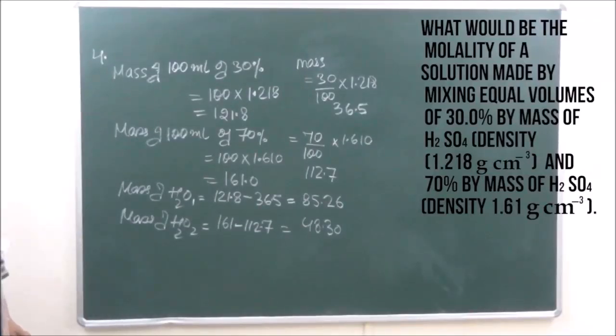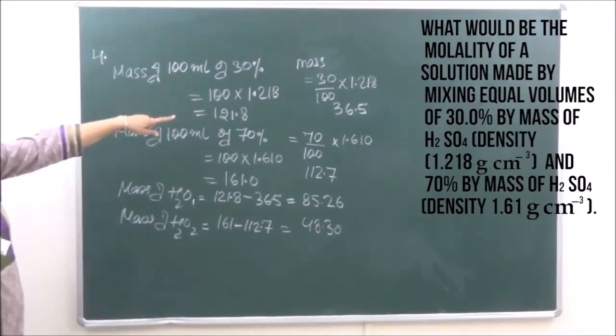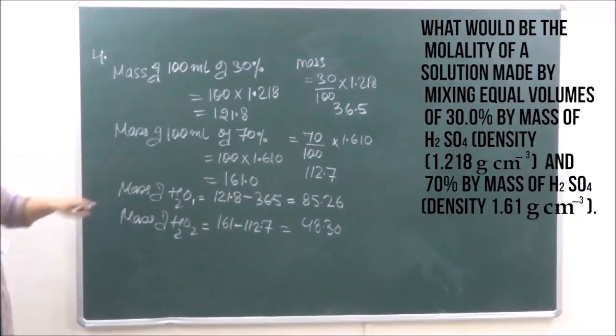Then we calculate total sulfuric acid in solution. In the first case, 36.5 grams of sulfuric acid is present. In the second case, 112.7 grams of sulfuric acid is present.